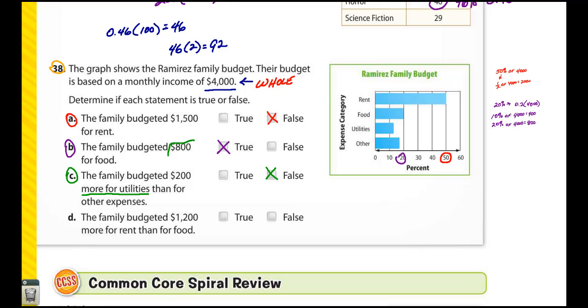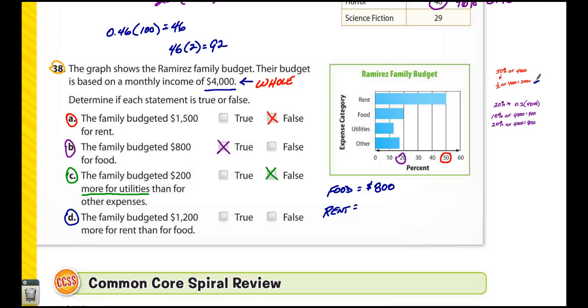Got to change colors here because we want our work to be in different colors. So this will be my problem D work. So we know that food equaled $800. We know that from doing part B. And we know that rent equaled, we did the rent, we said that was $2,000.